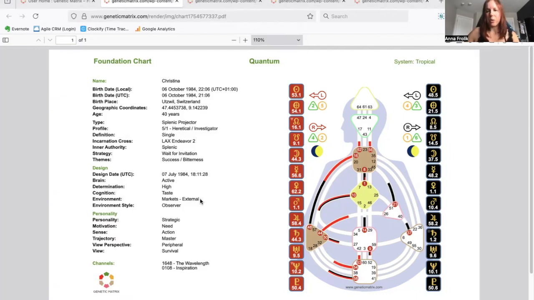Just maybe one more thing, when I'm looking at your variables here, your arrows, you have two left-facing arrows at the top and two right-facing arrows at the bottom. I have the same constellation. So up here, you do have more of that strategic energy or able to think strategically, and you have an active brain.